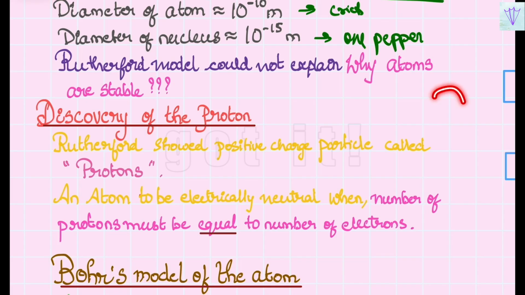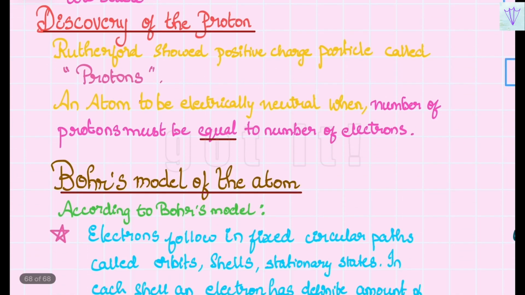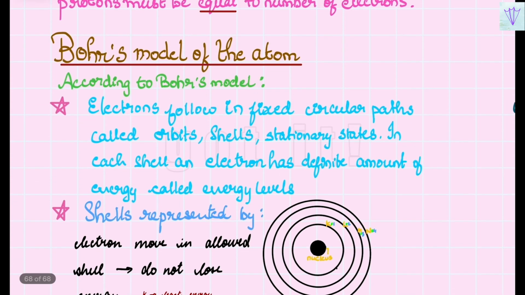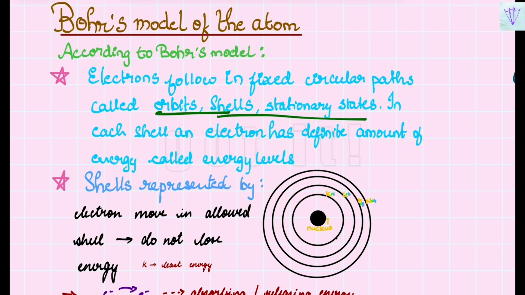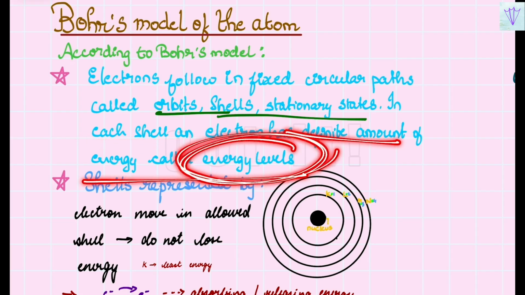But to overcome the limitations in Rutherford's model, Niels Bohr came up with Bohr's model of the atom. According to this model, electrons flow in fixed circular paths, which are called orbits, shells, or stationary states. In each shell, an electron has a definite amount of energy, which is called the energy level.